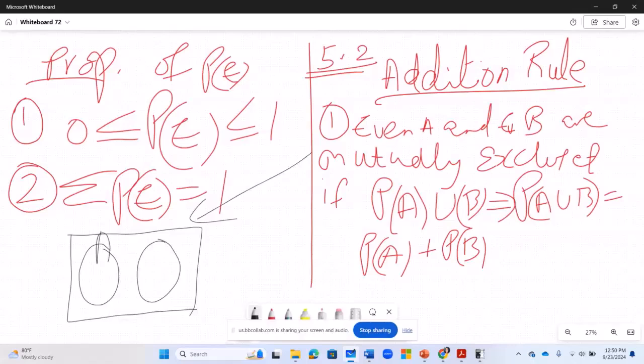Suppose this is A and this is B. If they cannot touch each other, they are mutually exclusive. If nothing connects them, they are mutually exclusive.